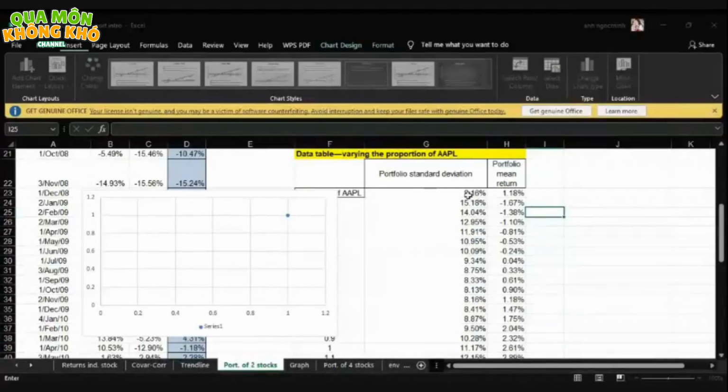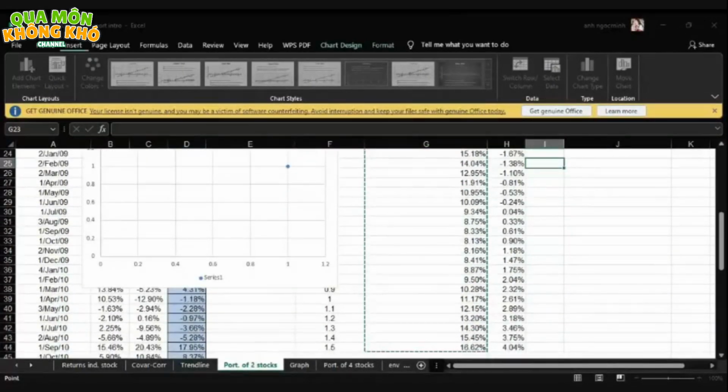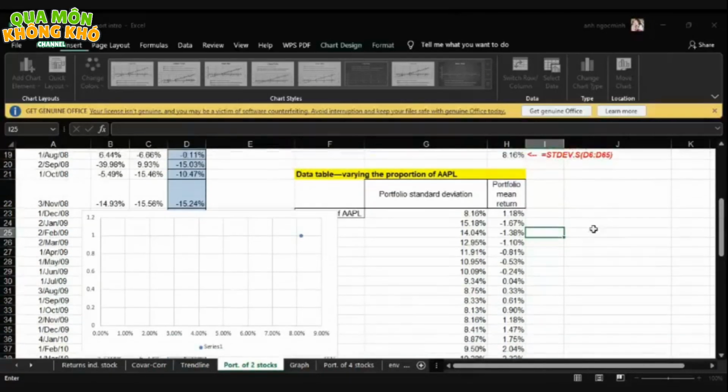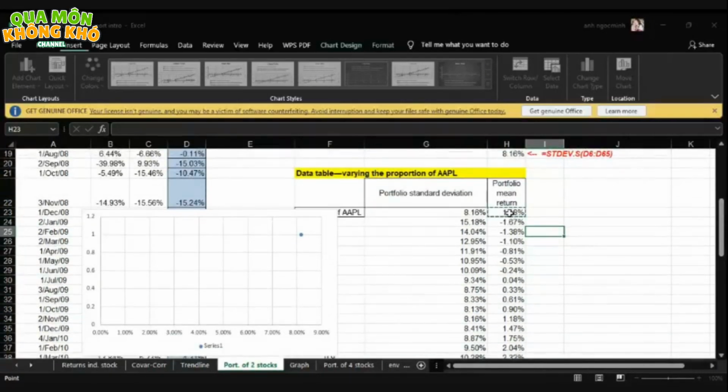The x value is standard deviation, and the y is the return.